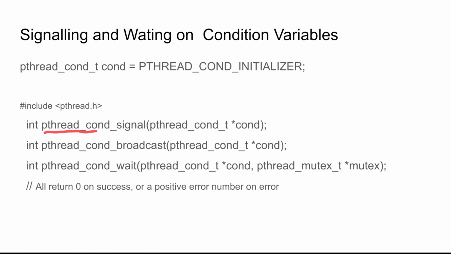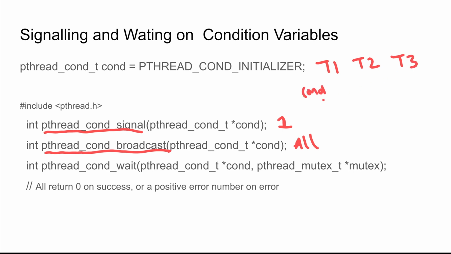With pthread condition signal, we are guaranteed that only one of the waiting threads would be awakened. However, with the pthread condition broadcast call, all the threads are awakened. To understand this better, let's take an example where there are three threads and all of them have invoked condition wait.